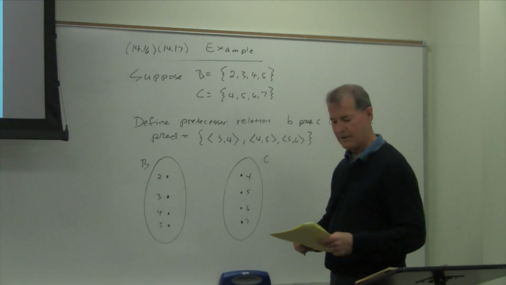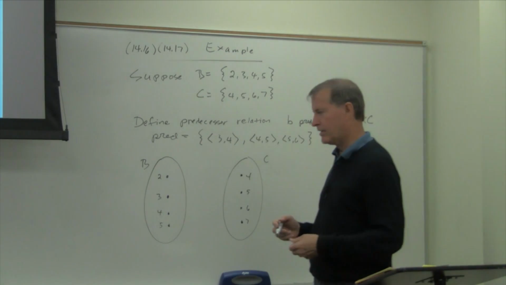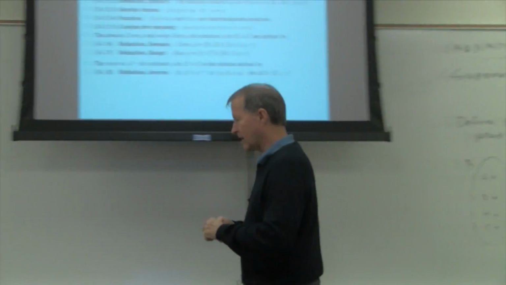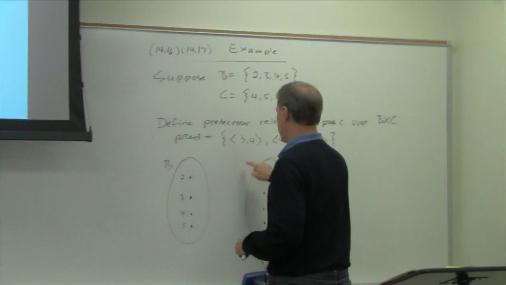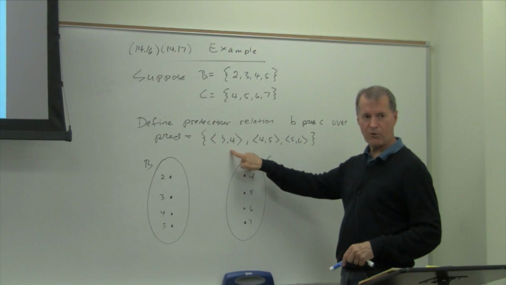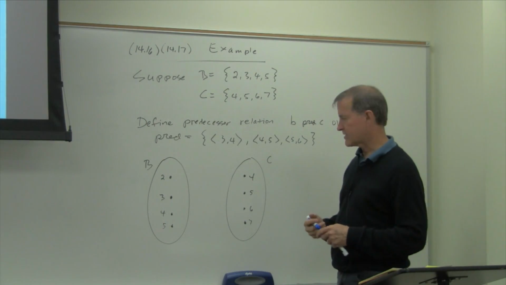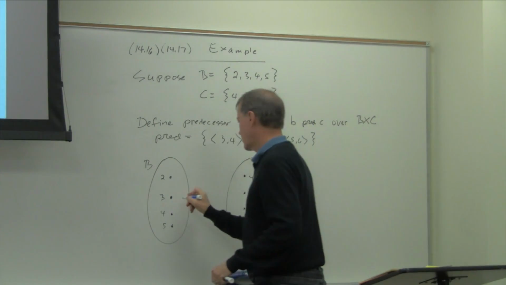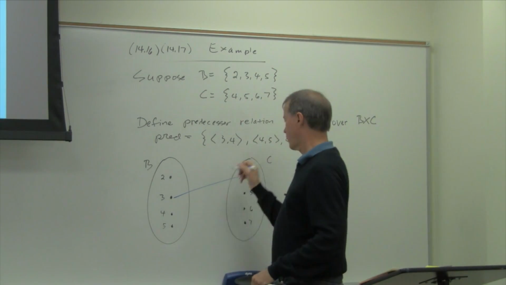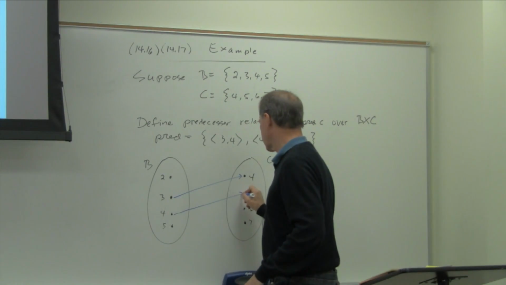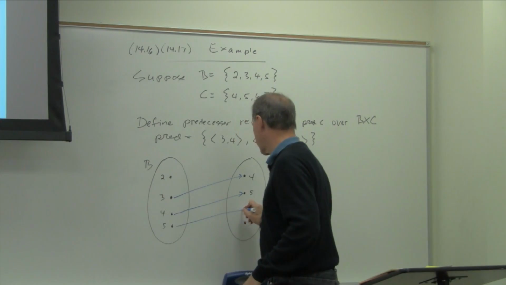C is a set. And furthermore, how will we indicate the pred relation? Well, if we have an ordered pair 3, 4, how should we indicate that? We'll go from 3 to 4. So it's a mapping: 3 to 4, 4 to 5, and 5 to 6, a mapping like that.